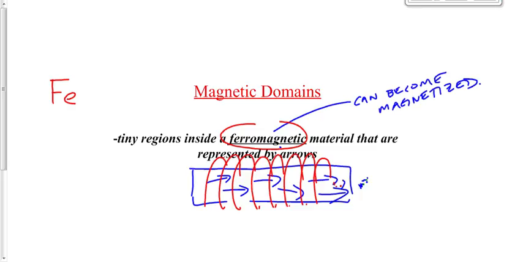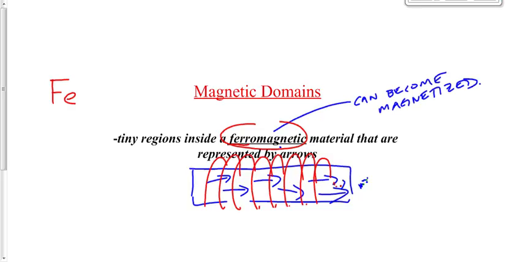Yeah, it's the Latin for iron. That's where the term ferromagnetic comes from. Iron is the most commonly known ferromagnetic material. So the symbol that we give to iron is Fe, ferrous, ferro, from the same Latin base.